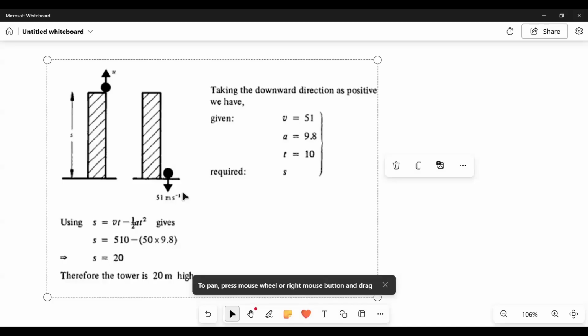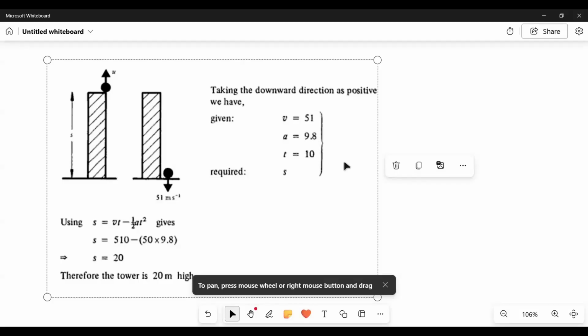Right? So notice nothing was said about what was the speed that you project the stone with into the air, so you don't know the initial velocity. What you know is V, you know it hit the ground with 51. Again, we use 9.8 as the acceleration due to gravity.